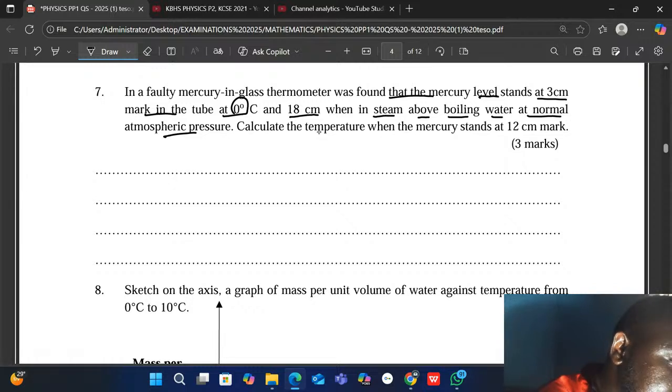Calculate the temperature when the mercury stands at 12 centimeter mark.